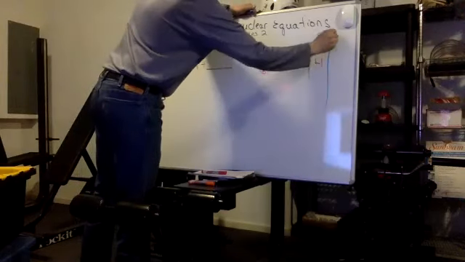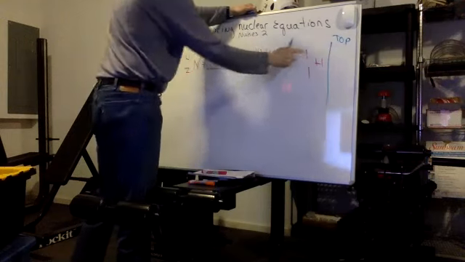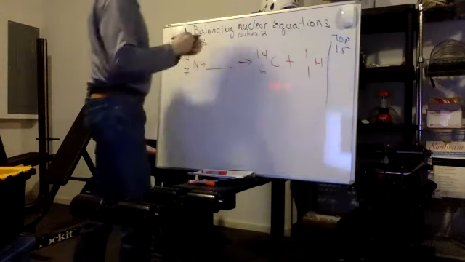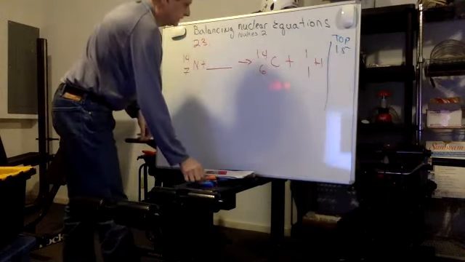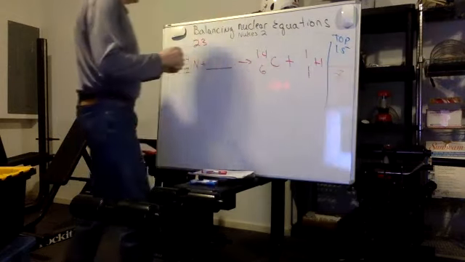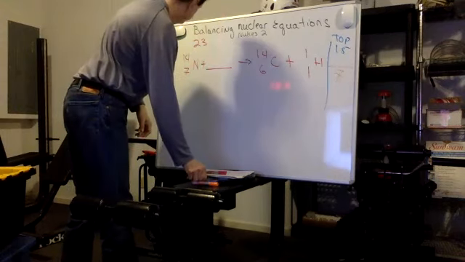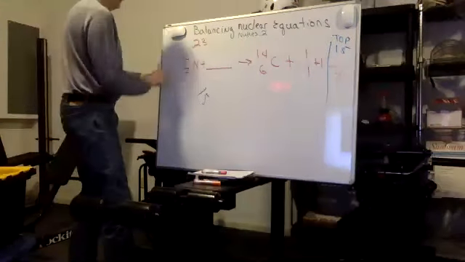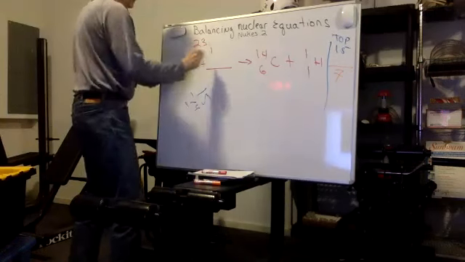So on top here, we'll have 14 plus 1 is 15. And then on the bottom, 6 plus 1 is 7. Bring the top over first. 15 minus 14 is going to be 1 on top.